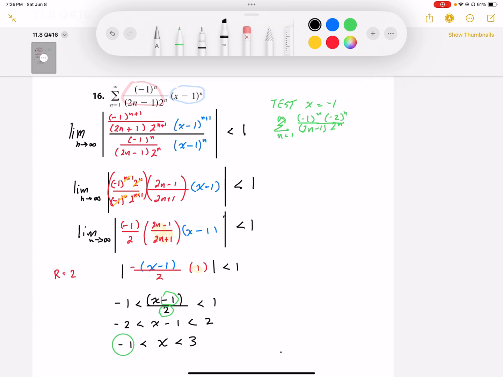This part here comes from the power series. Now the to the power n's cancel out, so I end up with -1 to the power n there. The -1 to the power n times -1 to the power n, when I combine those, ends up being positive over 2n minus 1. This simplifies to 1 over 2n minus 1. This is a harmonic series. It diverges.